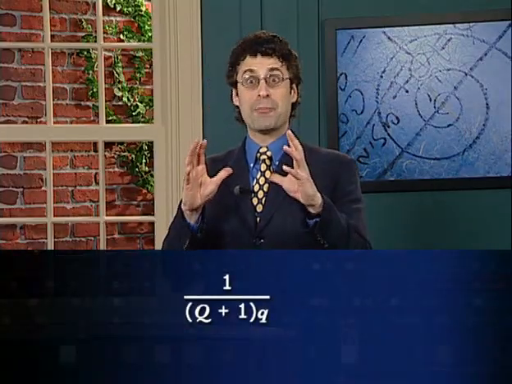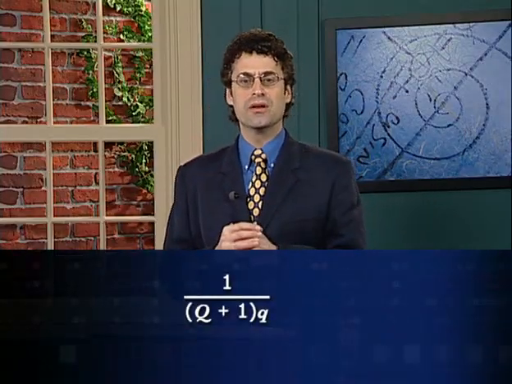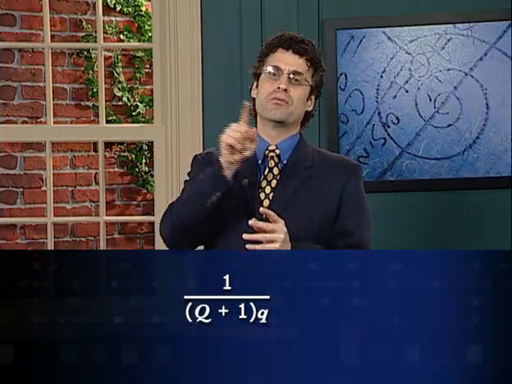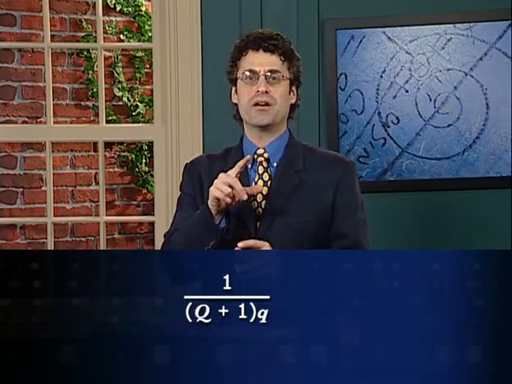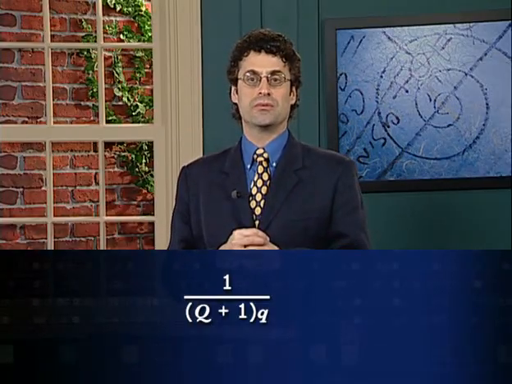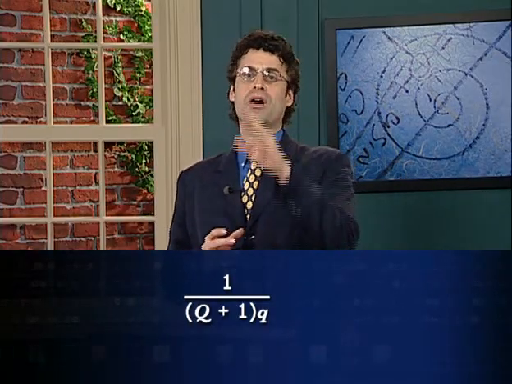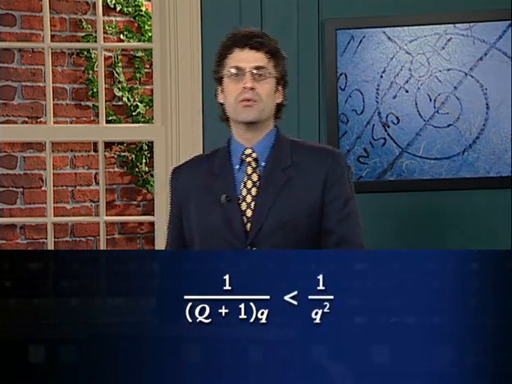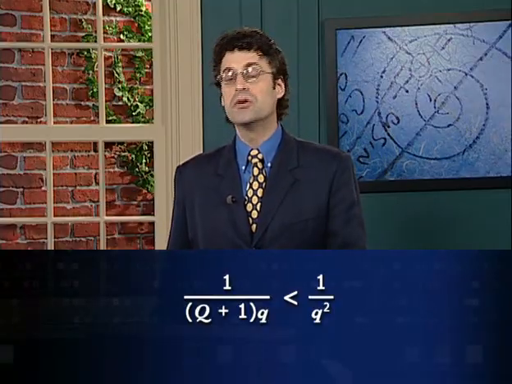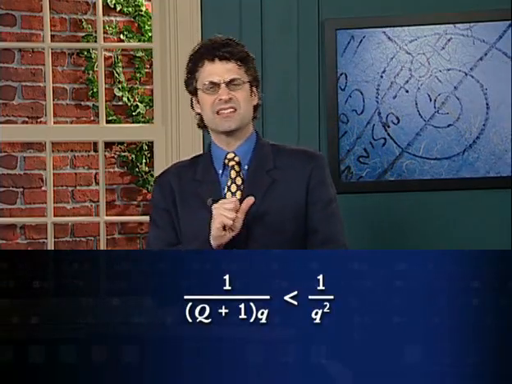Well, because remember the denominator little q is always smaller than capital Q plus 1, then if we look at that upper bound of 1 over capital Q plus 1 times little q, we could actually make that larger by replacing the large capital Q plus 1 in the denominator by just little q. And so I could see that 1 over capital Q plus 1 times little q is actually smaller than 1 over little q times little q, or little q squared. Let's just make sure we see that.